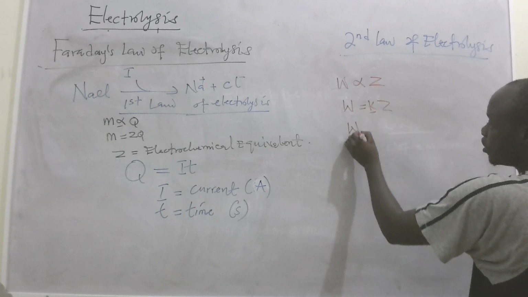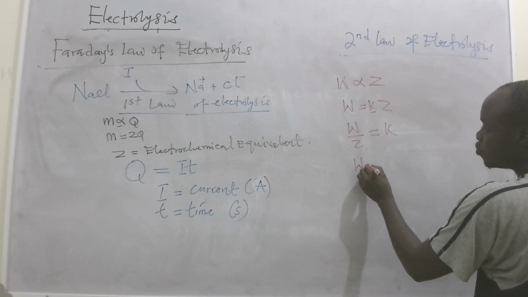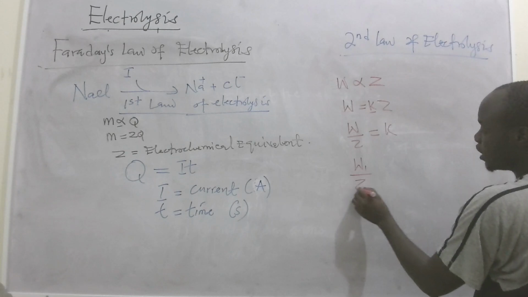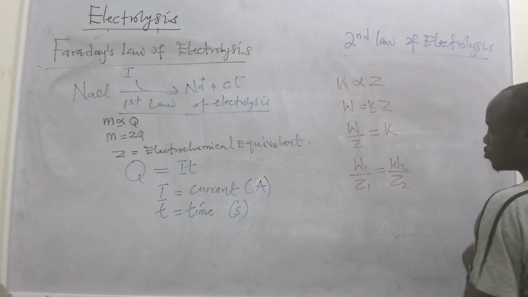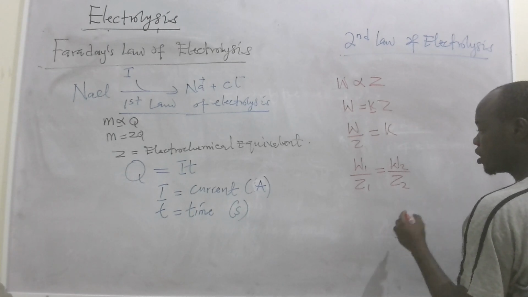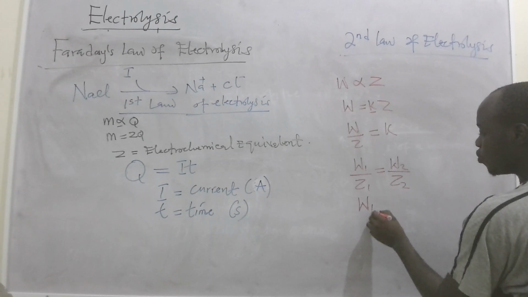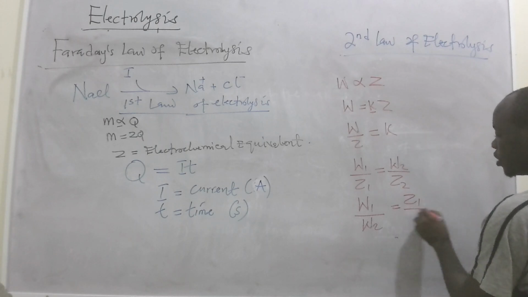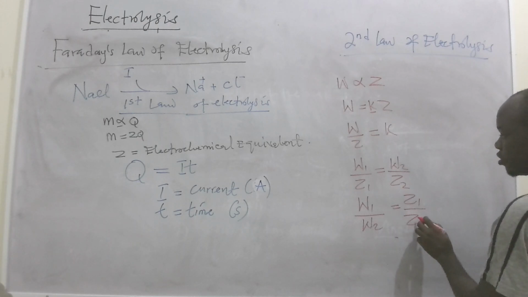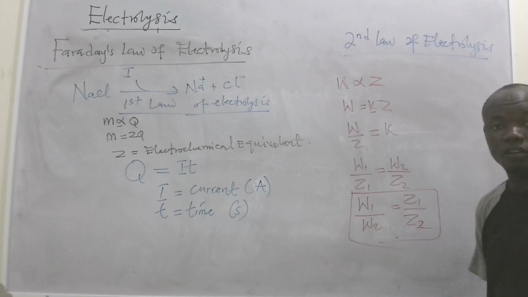We are now going to have W over Z is equal to K. So we have W1 over Z1 is equal to W2 over Z2, which we can rearrange as W1 over W2 is equal to Z1 over Z2. So this is the formula that we are going to use in solving second law of electrolysis problems.